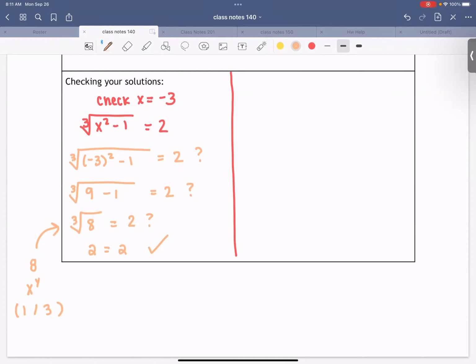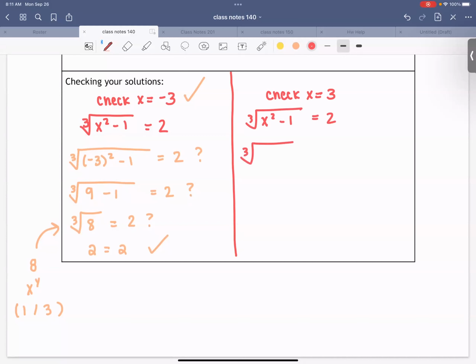Okay. Any questions on calculators, anything like that? Okay. So 2 equals 2, is X equals -3 a solution? Yes, good. All right, let's check X equals 3. Well, that's the same thing, right? I'm going to rewrite my equation because I'm lazy and I'm bad at making mistakes.